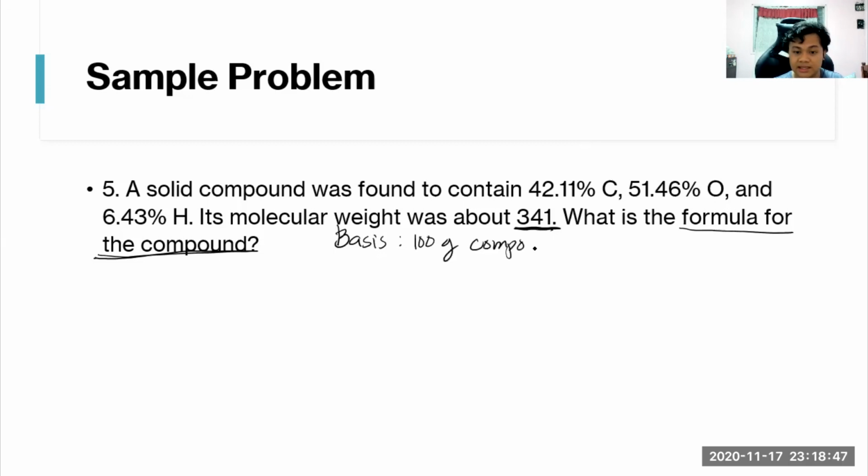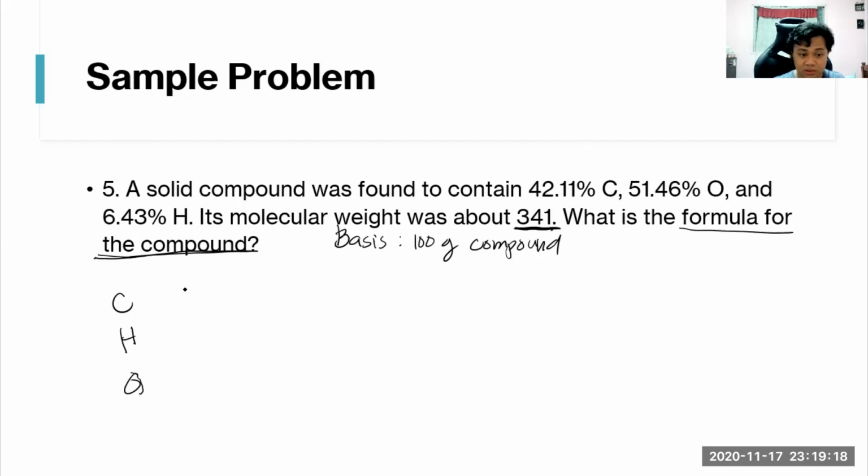It's easier that way, because the weight of the elements is just the numbers of the percentages. So we will put here C, H, and O.